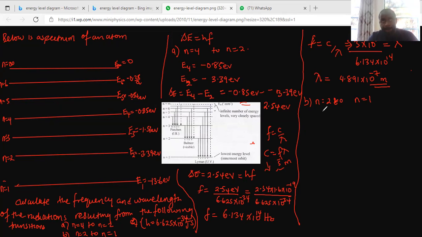So with frequency, 2.466 exponent 15. Frequency is equal to 2.466 exponential 15. Correct. Then wavelength, 1.217 exponent -7. Correct.